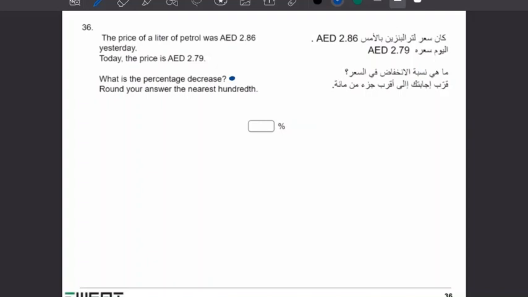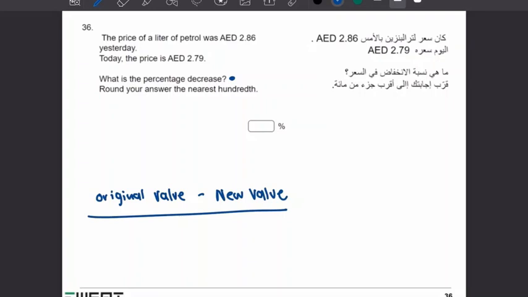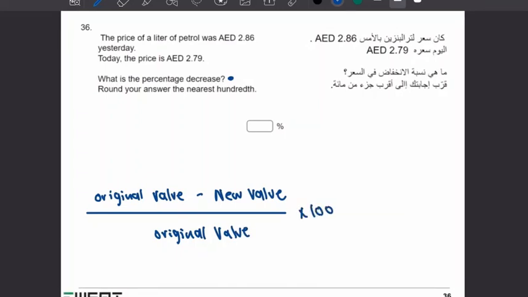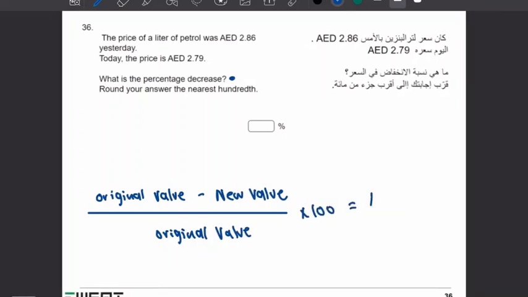And for the percentage decrease, there's a certain equation that you have to know, which is basically the original value minus the new value, divided by the original value, and then multiplied by 100, which is the formula for the percentage decrease.